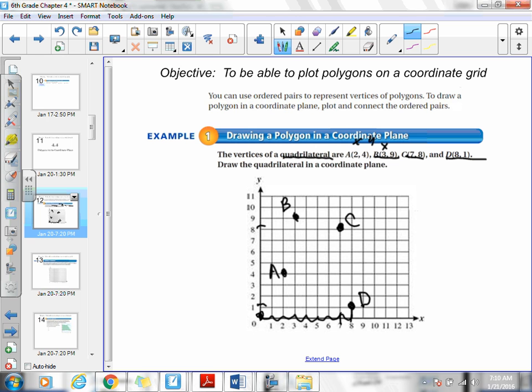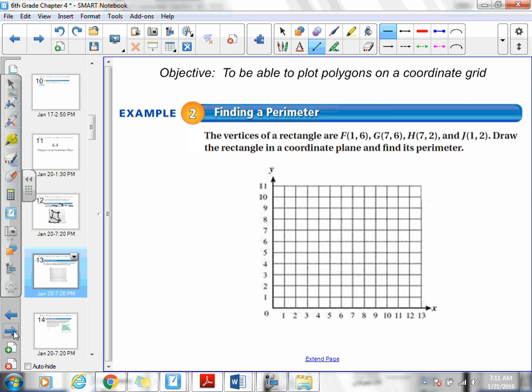So now that we have all 4 of our points, you should use a straight edge to connect those points to make sure that this actually forms a quadrilateral, which is, again, a 4-sided figure. And it does, so we're good. If you need more time on that one and finishing it up, pause it. I'm going to go on.